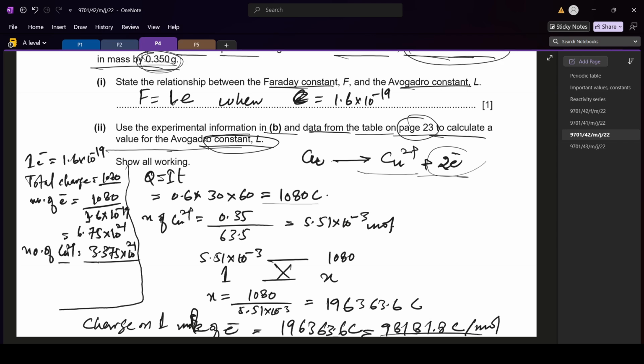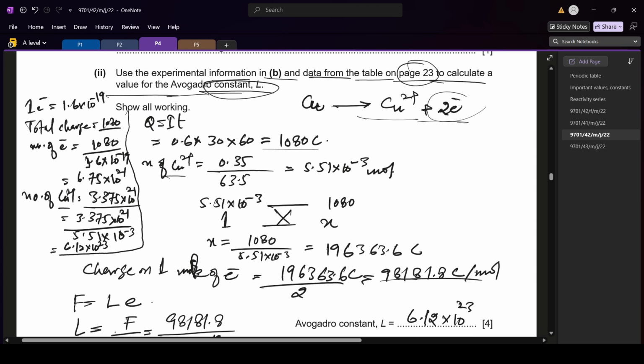Avogadro's constant is the number of atoms or ions per mole. So 3.37 into 10 to the power 21, divided by the moles of copper 2 plus ions, which is 5.51 into 10 to the power minus 3. So you will have a value of 6.12 into 10 to the power 23. This method is also correct. I thought I could explain this method to you as well.